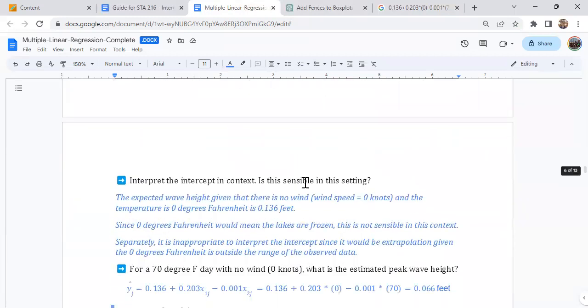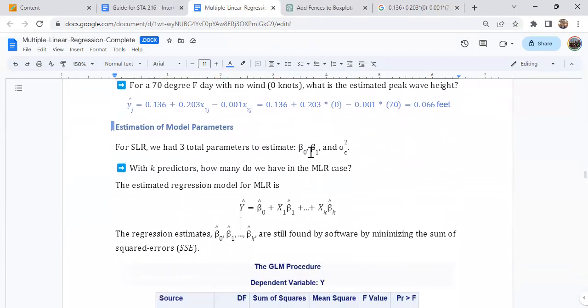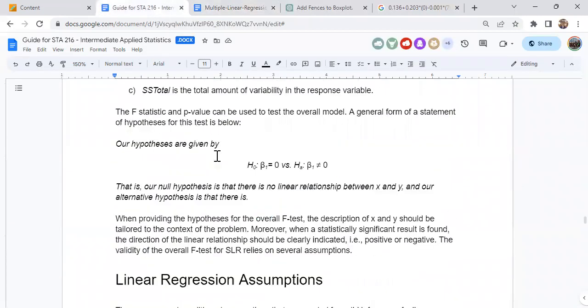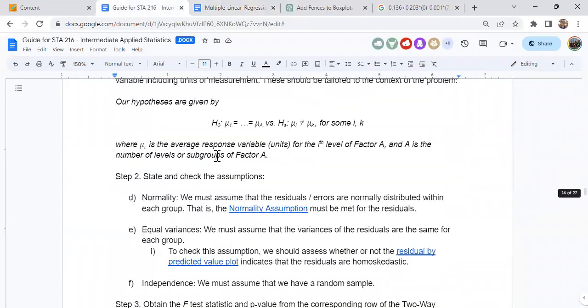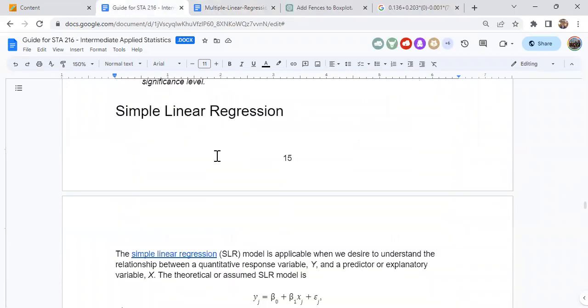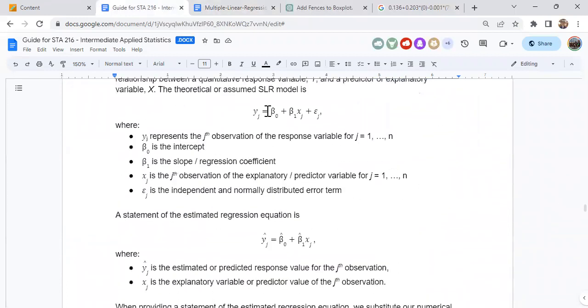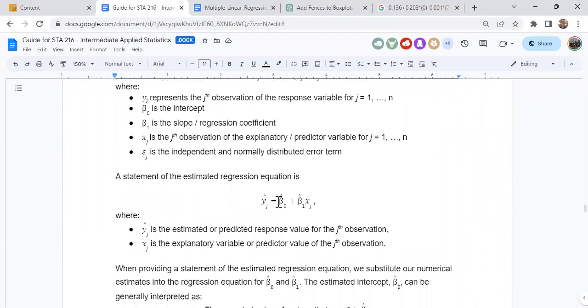For simple linear regression, we look at the simple linear regression model. We assumed this was the relationship, and it involved estimating beta naught hat and beta 1 hat.